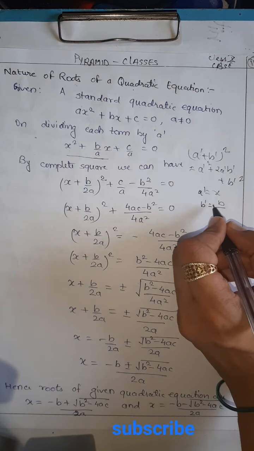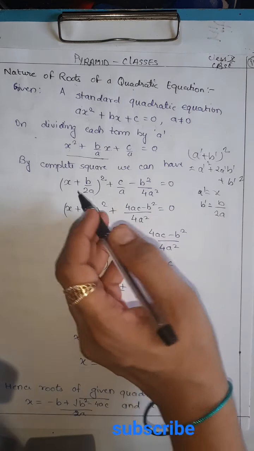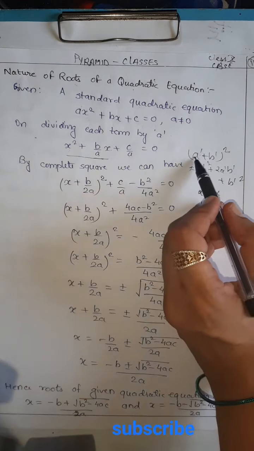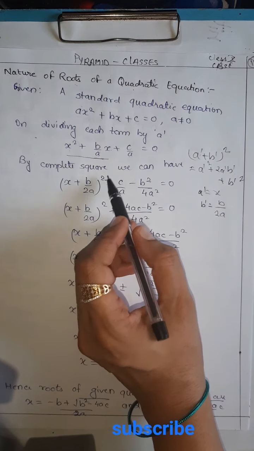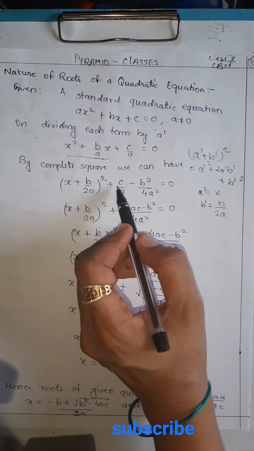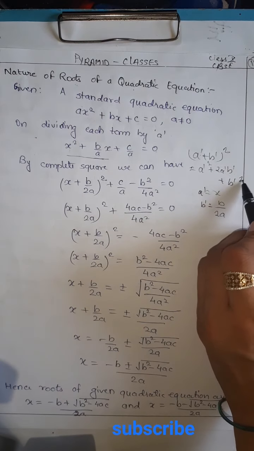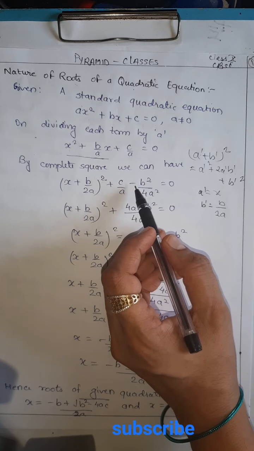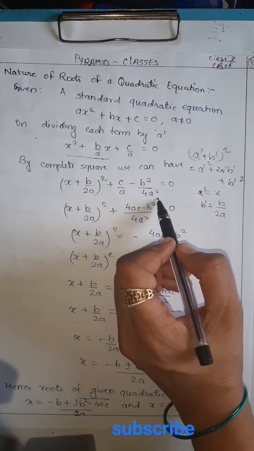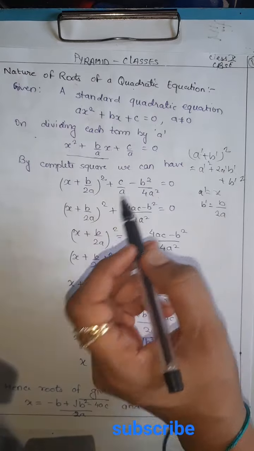So b' will be b by 2a. So we convert it to (a' plus b') whole square: x plus b by 2a whole square plus c by a as it is. What was the extra term? b' square. Since it was added, we have to subtract it: minus b square by 4a square is equal to 0.